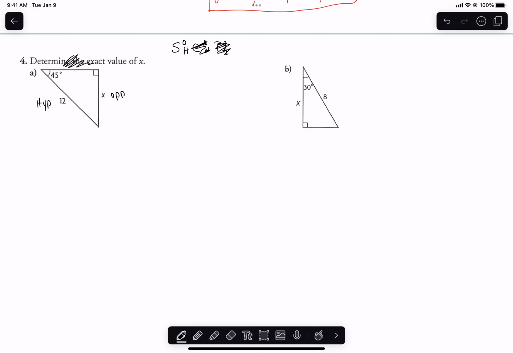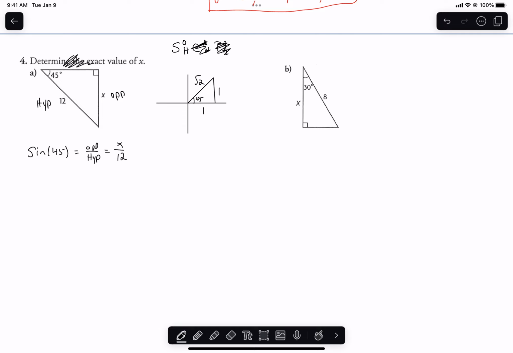And so what I'm going to do is write that the sine of 45 degrees has to be equal to opposite over hypotenuse, which relative to this triangle is going to be x over 12. Now, you all know, because we've done a few videos on this and done a ton of it in class, that if I were to draw out the triangle for 45 degrees, it would be 1, 1, root 2.